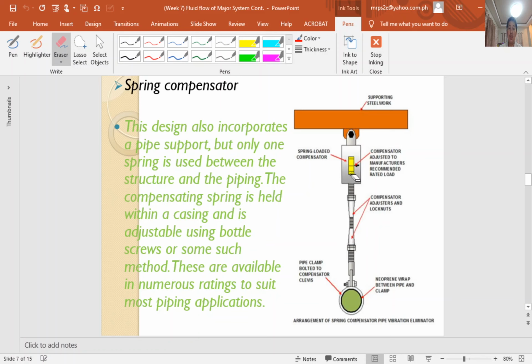This device can reduce the pipe vibration. It's not 100%, but it's a big help to eliminate the pipe vibration, to avoid breakage of the pipe and its fittings. So this is the use of the spring compensator.